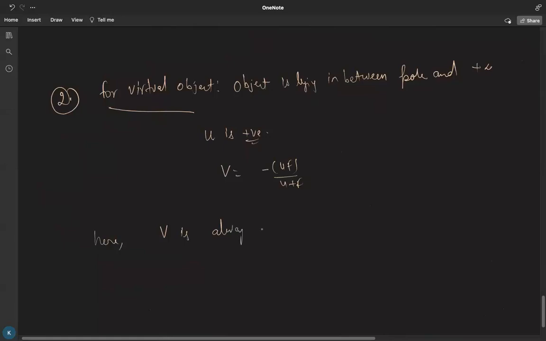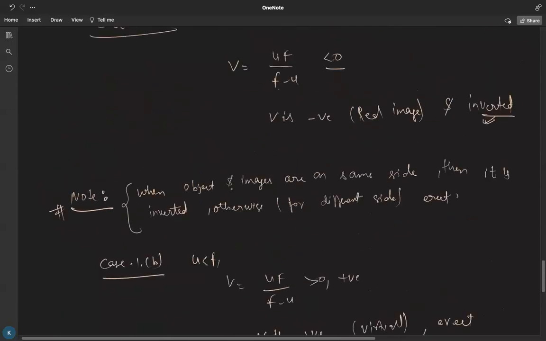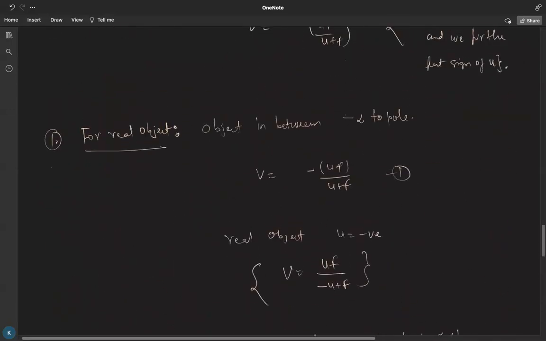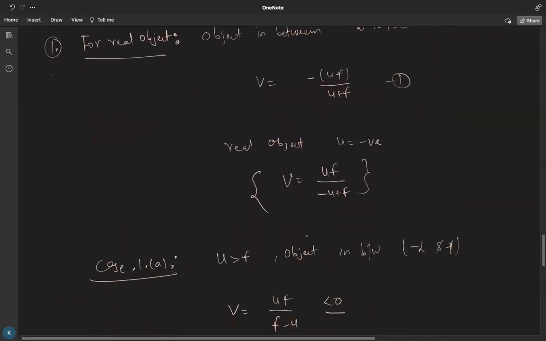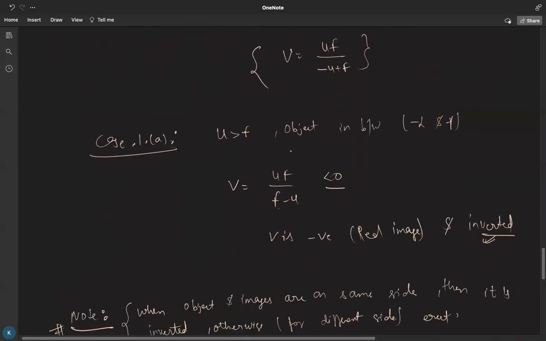Like in the previous class, we had two cases. The first case is when u is positive, and when u is greater than f, we have a different case.